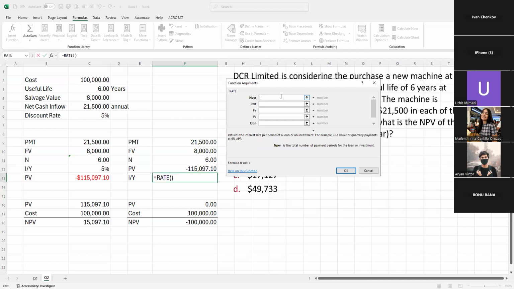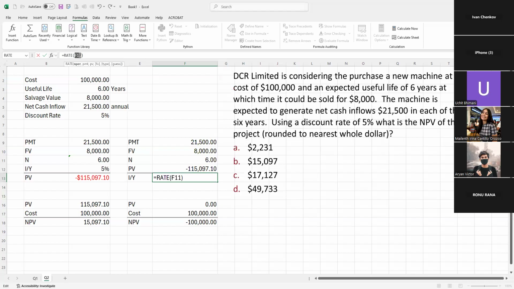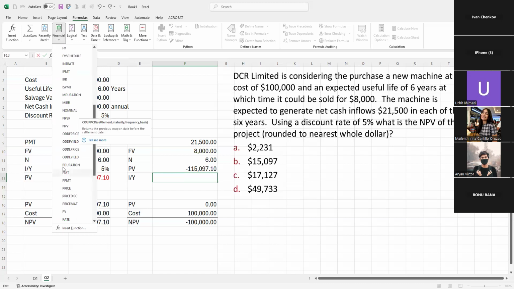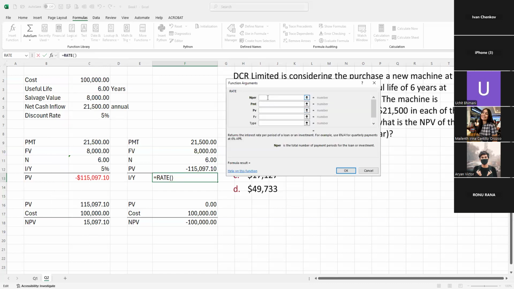And now I can start entering the information. N is still 6. Oops, sorry, I hit the wrong button. Let's try again. Again, go to the financial, put the rate, that's what we're chasing, and 6, payment, 21,500, present value.